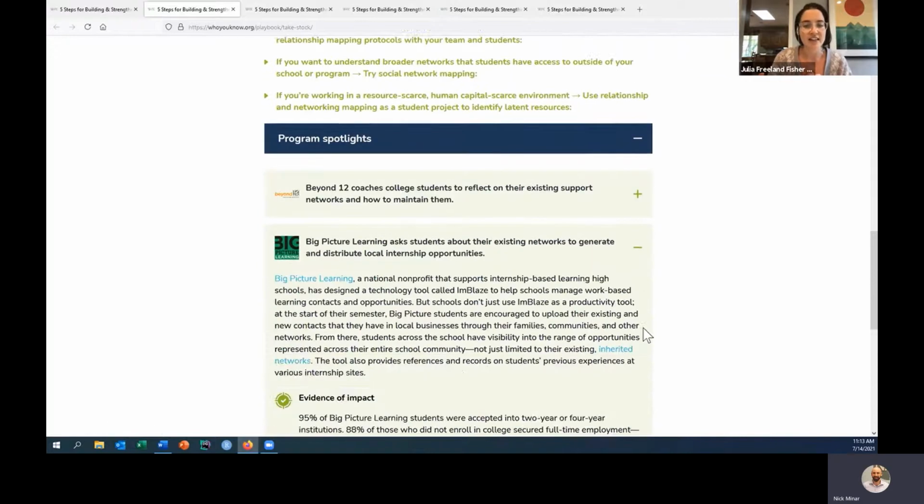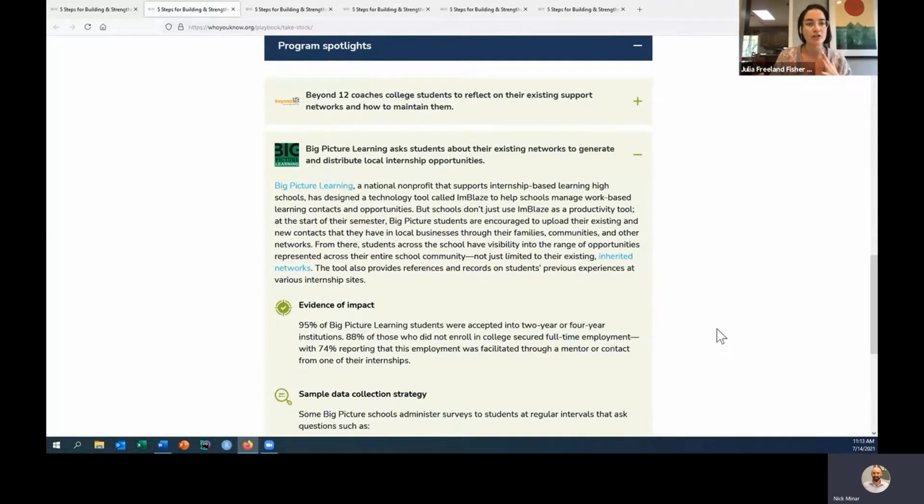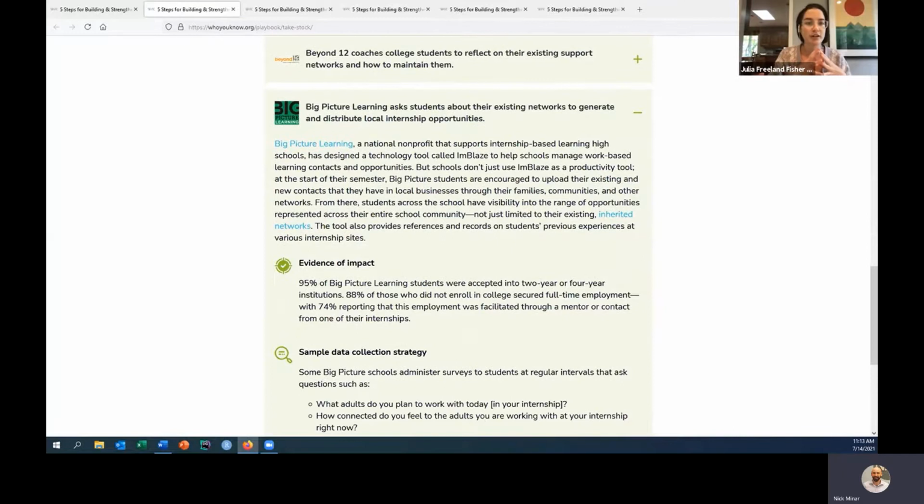At the beginning of every year, as they're trying to source internships, rather than having the internship coordinator shoulder the immense burden of forging enough partnerships to scale internship access, they have students upload who they know in their networks to their internship management system, Blaze, who could not only offer them internships, but could offer internship opportunities to their peers. So suddenly you actually have students exchanging their social capital with one another through this kind of exercise and tool.